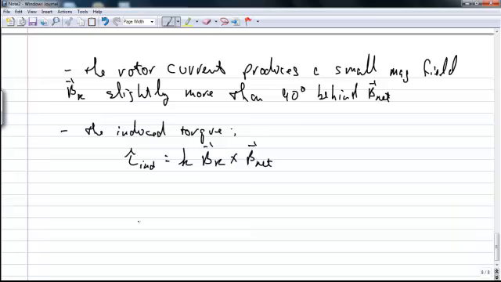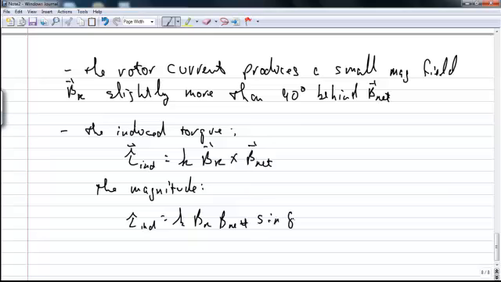And if we think about the magnitude of this expression, it will be K, BR, B net, magnitudes again, sine delta, where delta is the angle between BR and B net.